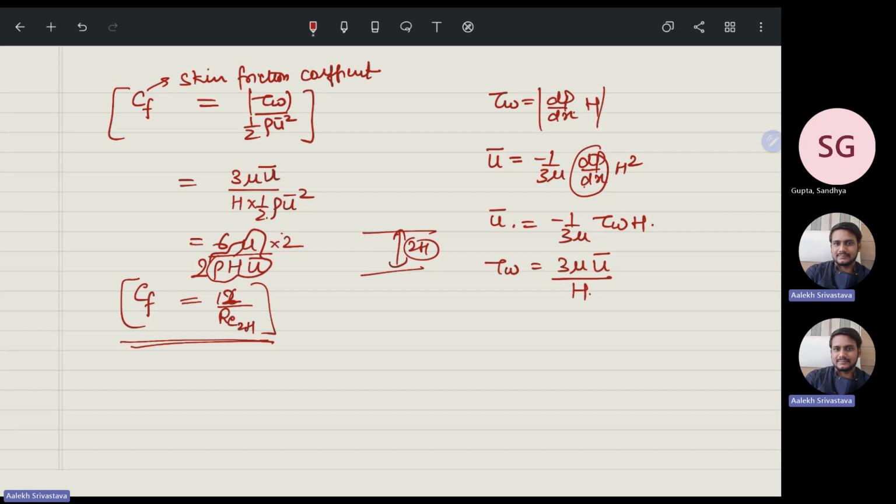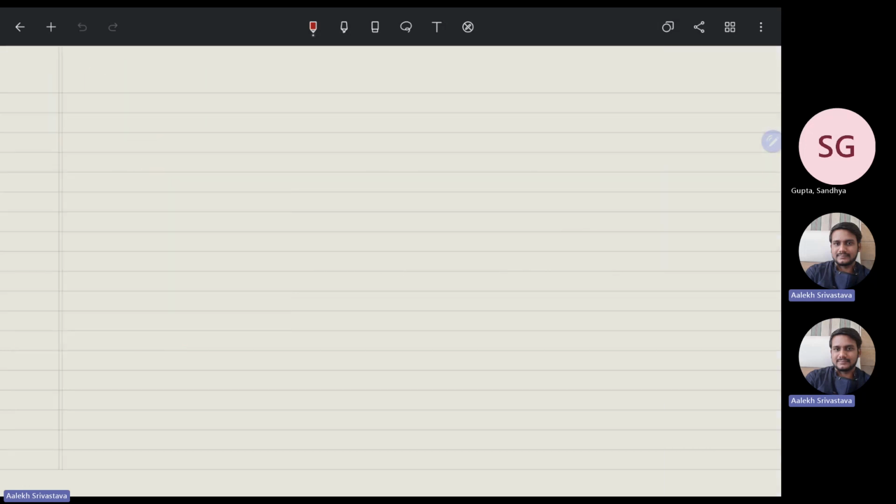Now we have one question that says water is flowing at 20 degrees Celsius in a two-dimensional channel, and the distance between the two plates is 1.5 mm.